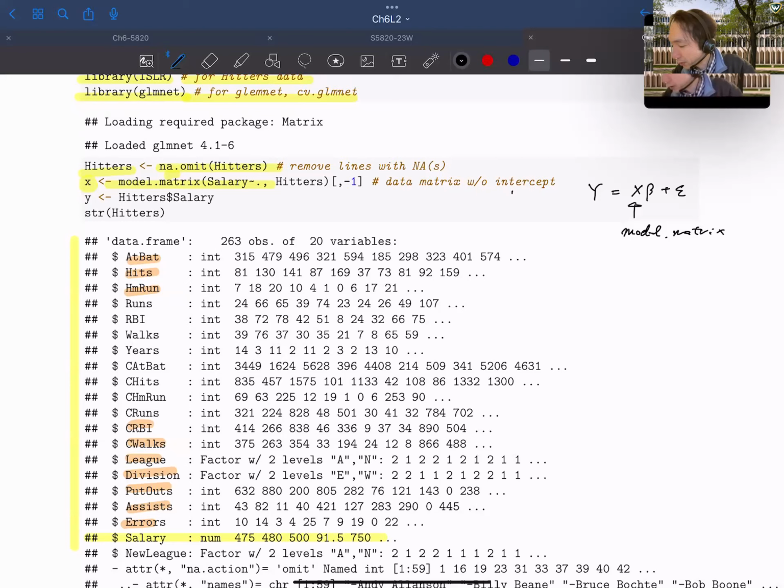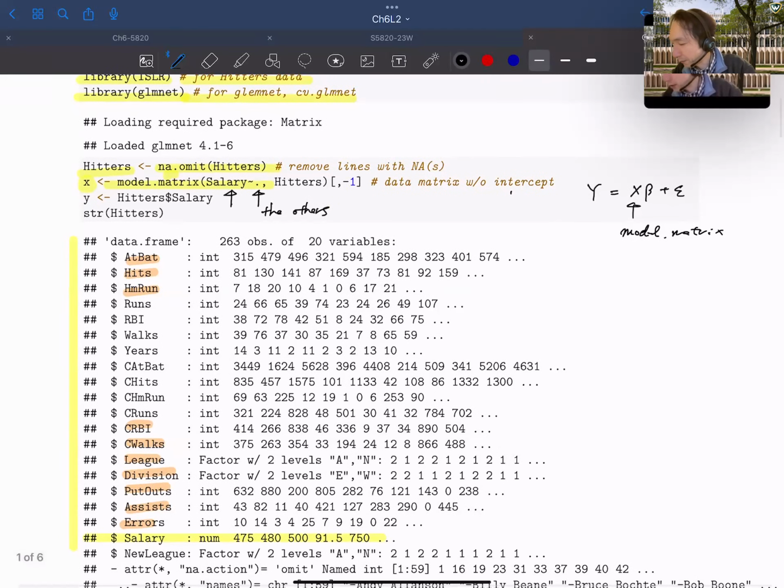The salary is the response variable, and the other variables are predictor variables.